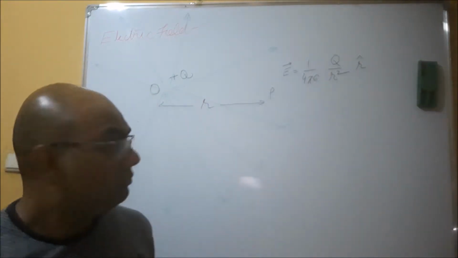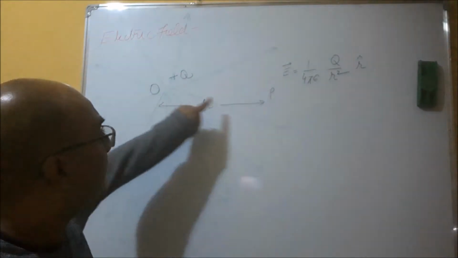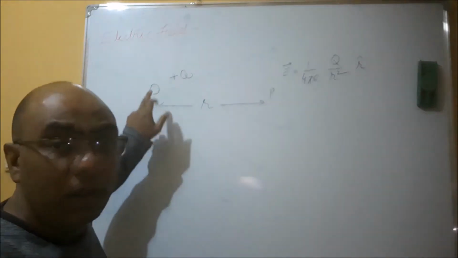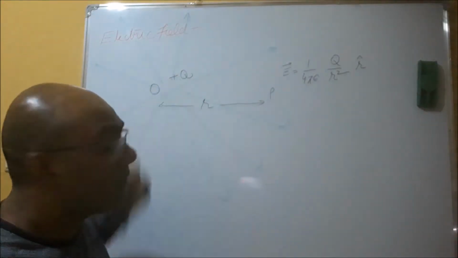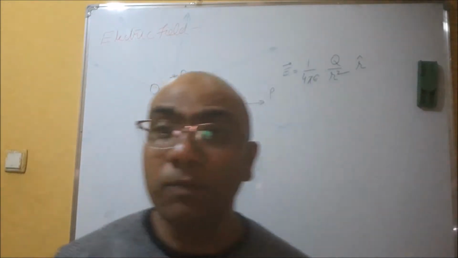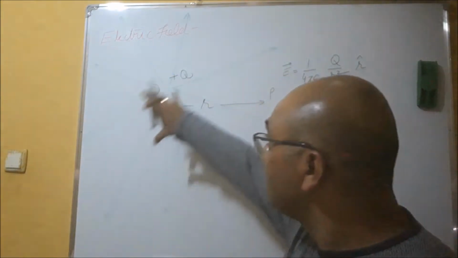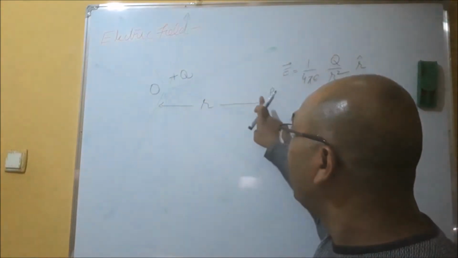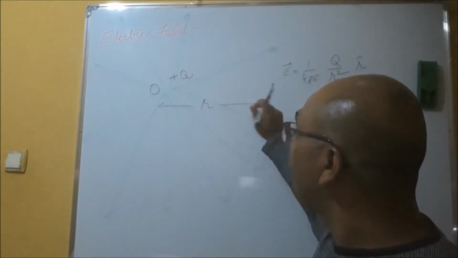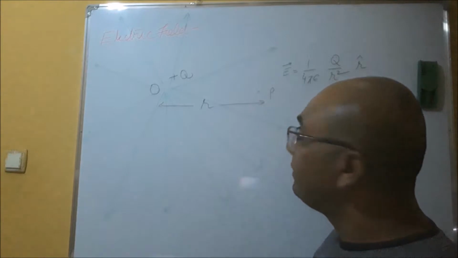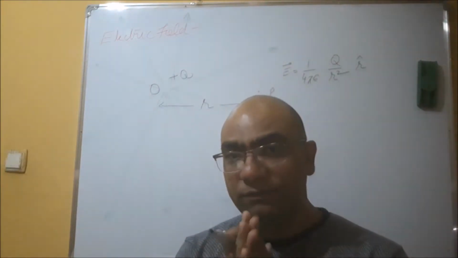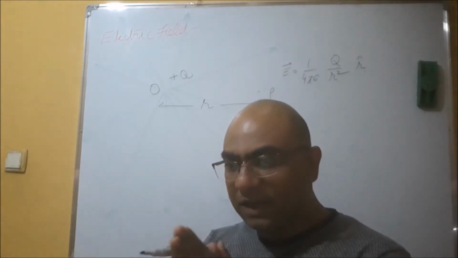So if the point P is placed at a distance r from the point O, and at point O we have charged particle plus q, from which these electric field lines are generated, and at a distance r we have a point P, then at this point P the value of the electric field can be given by this formula.